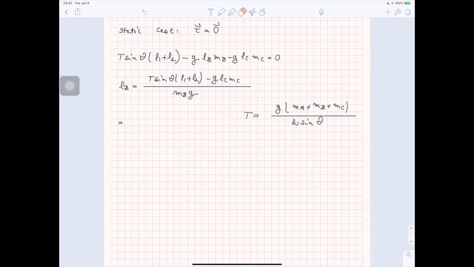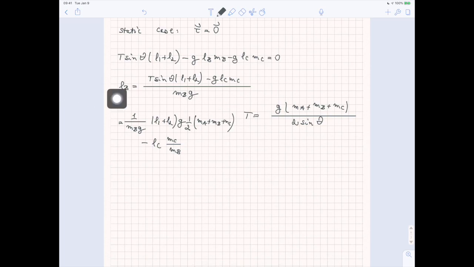So then we have 1 divided by MBG times (L1 plus L2), and then a factor of 1/2, and then the mass sum MA plus MB plus MC, and at the end minus LC MC over MB.